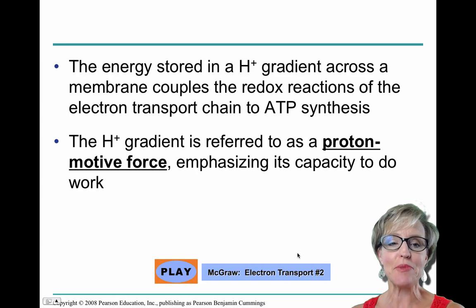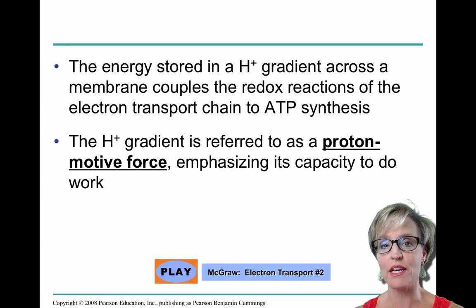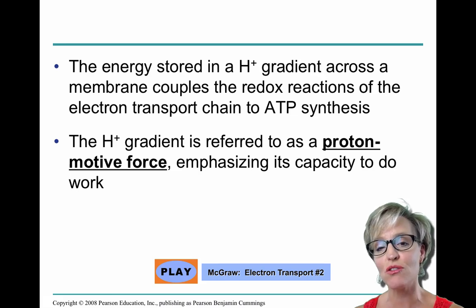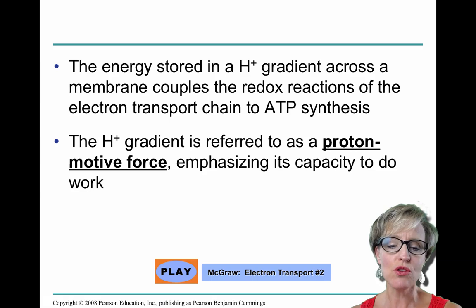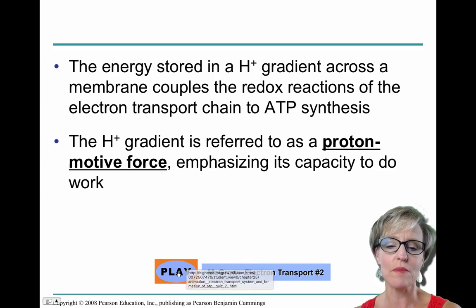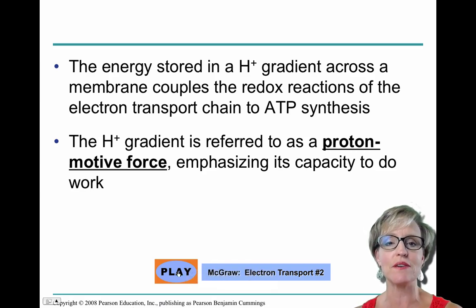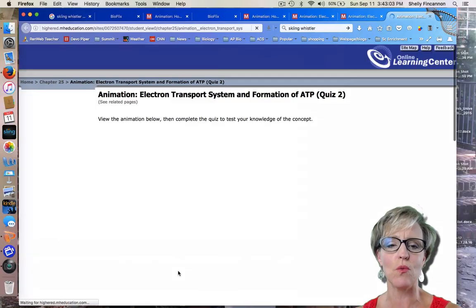Now, the energy stored in the hydrogen ion gradient is what is going to actually drive the ATP synthase. I want to show you this McGraw-Hill. It is a different interactive, and it just shows the whole cycle in a little different way.